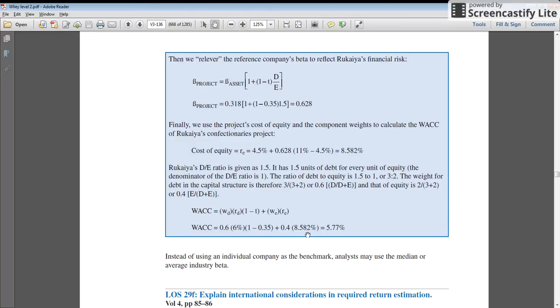Those weights have been used here, and the respective costs of equity and cost of debt, and here the 1 minus tax factor, which is required when you're finding the debt component in the weighted average cost of capital. So finally, after all the calculations, we come with the weighted average cost of capital of 5.77% for the company Rukaiya.